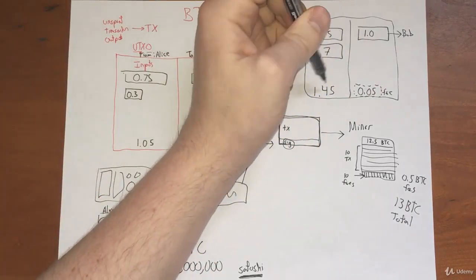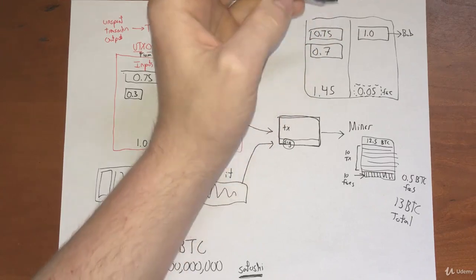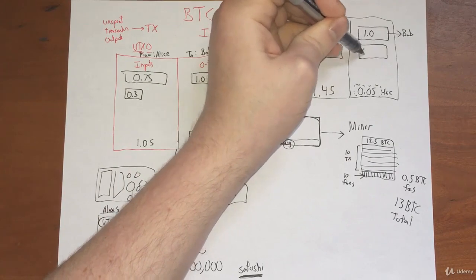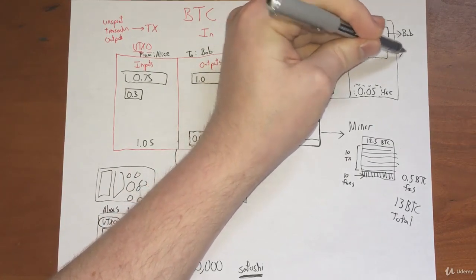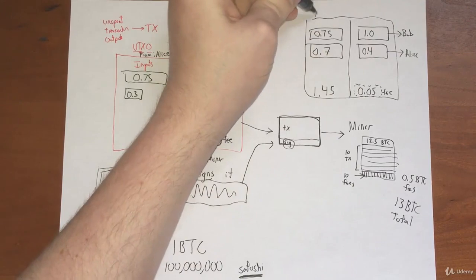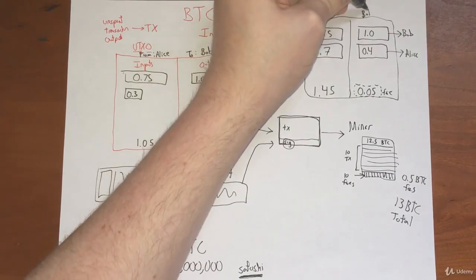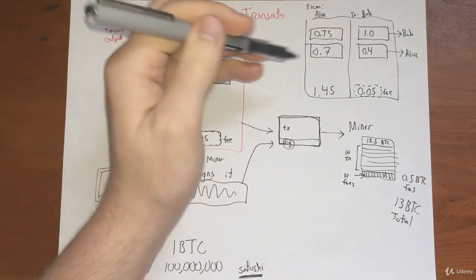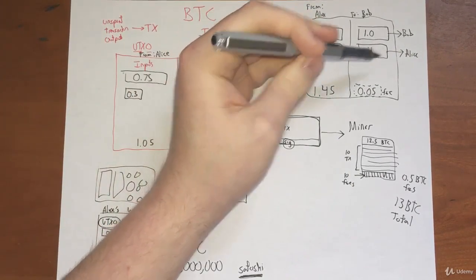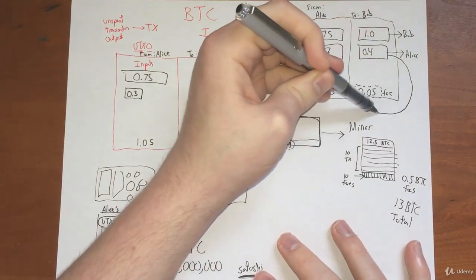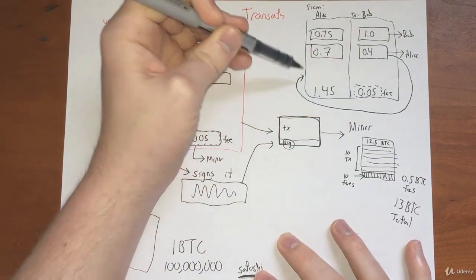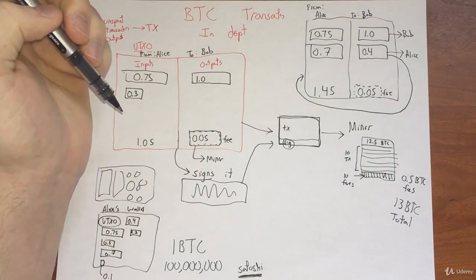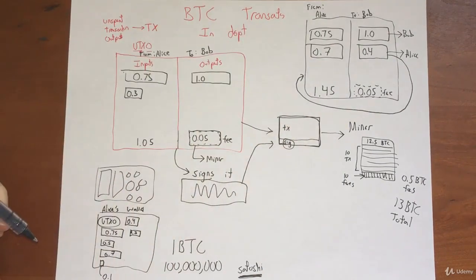So if we want to split this up three ways, we want to send some to Bob. What you do is you send the 0.4 back to yourself. To Bob from Alice. Okay, so this 0.4 actually is sent back to Alice's wallet. And the 0.05 is the fee left for the miner.